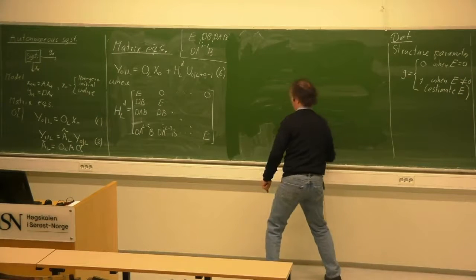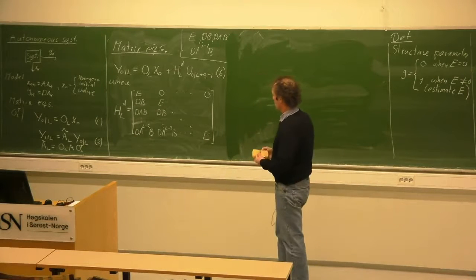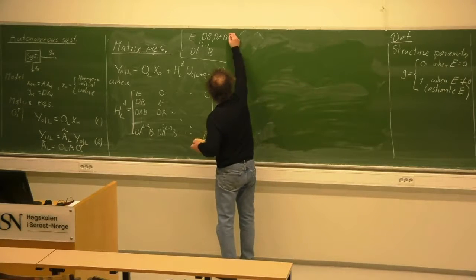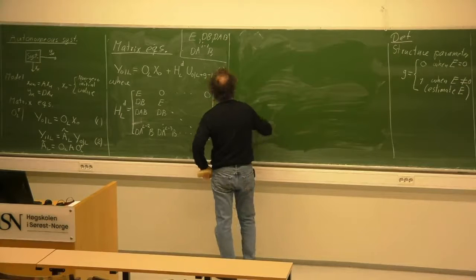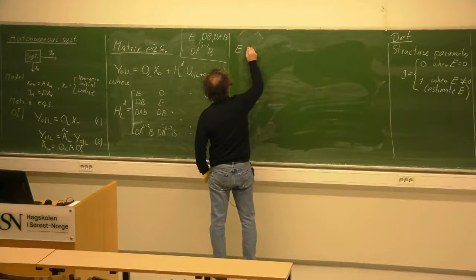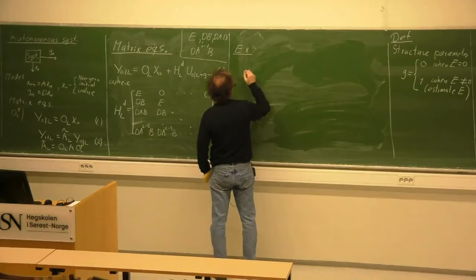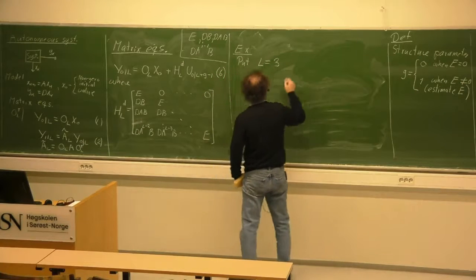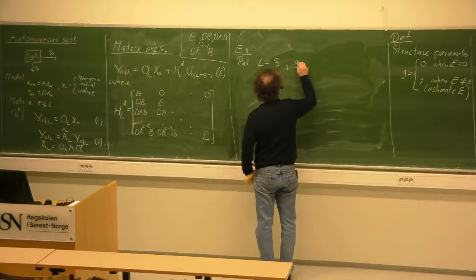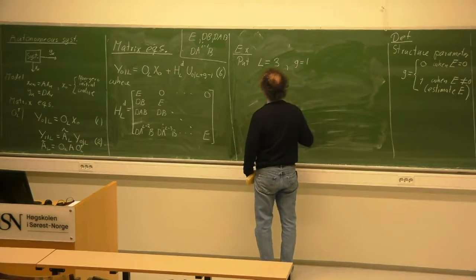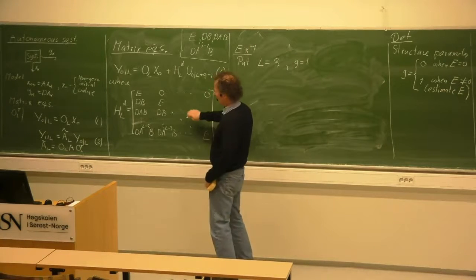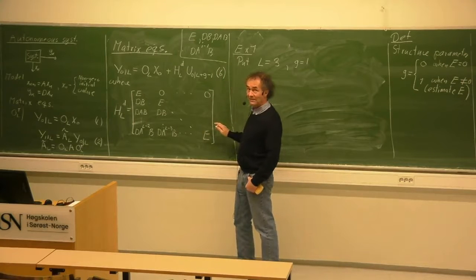So let me take some examples, two examples. Put, say, L equal to 3, and the structure parameter equal to 1, as example 1. And the problem is to define this so-called Toeplitz matrix.